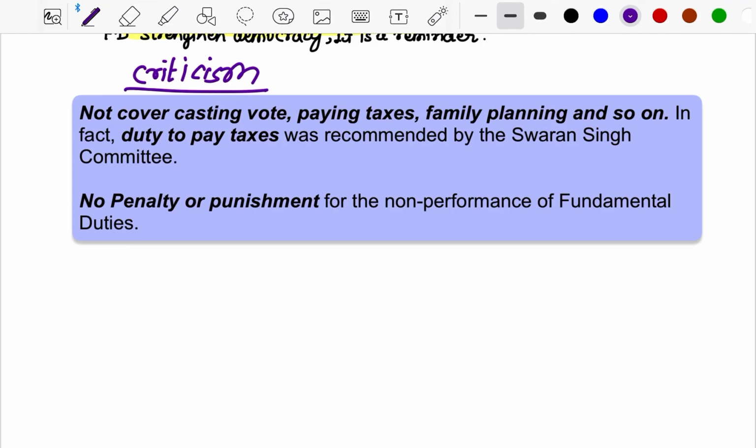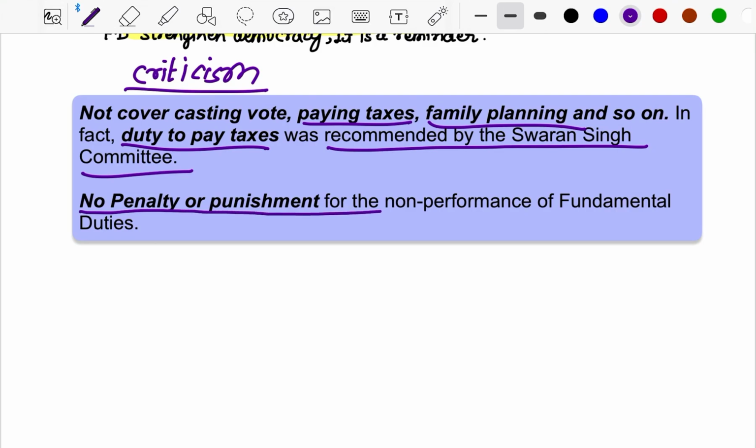So it should be compulsory on the citizens to vote, so that they can choose their representative. Paying tax is not included. Family planning is also not included. Though paying tax was recommended by the Swaran Singh committee, it was not included. You have to keep this in mind from the exam perspective. Many a time they have asked this question. So critically analyze and all.